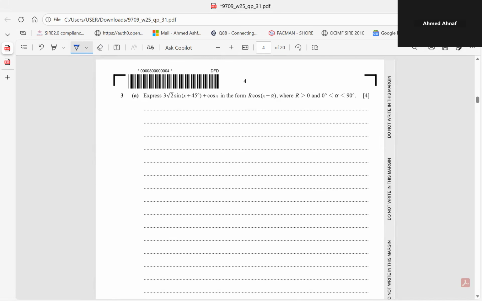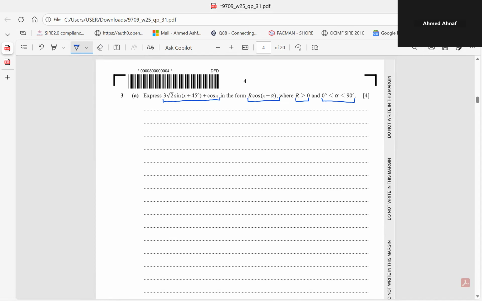All right, so for this question, we are told to express this trig equation in this form, our formula, where R is more than 0 and alpha is between 0 and 90 degrees. So this is a classic R formula question. You would have to express a given trig equation in this form.